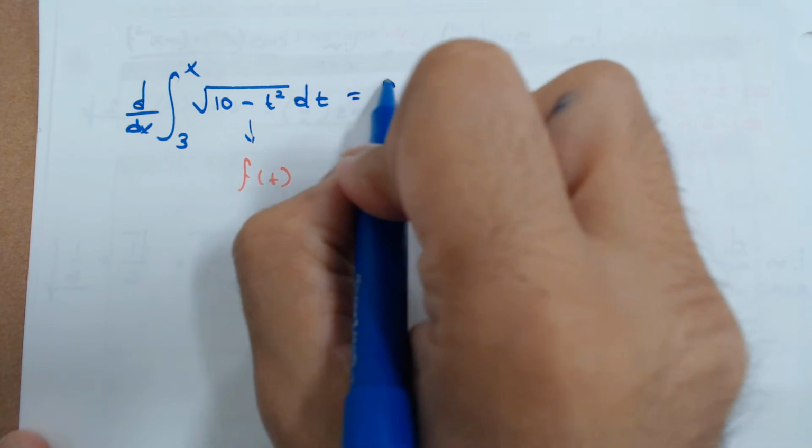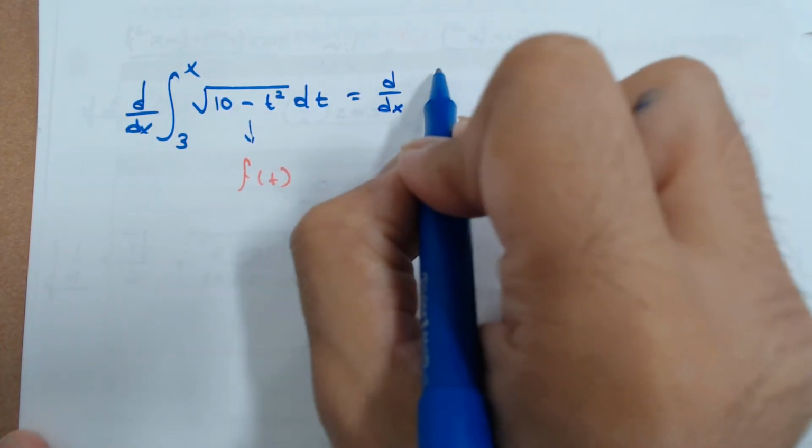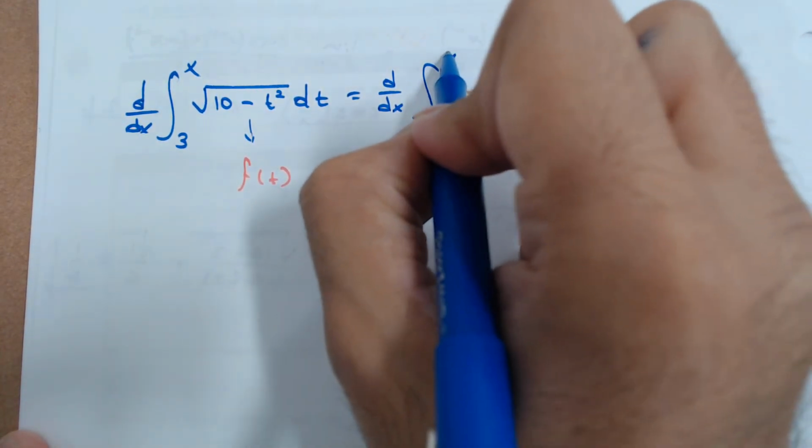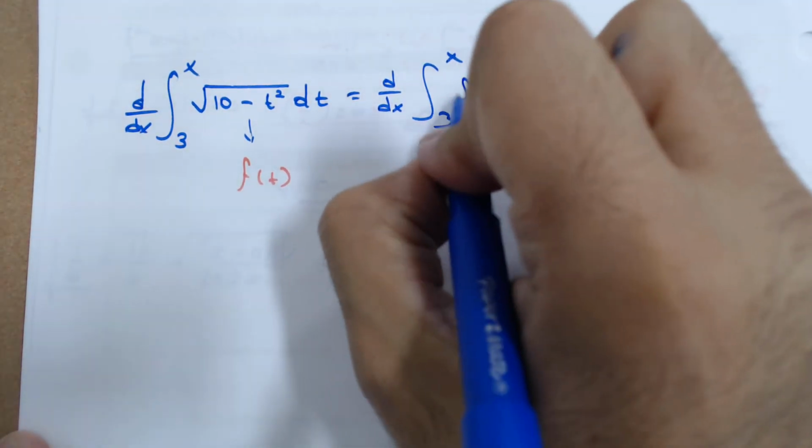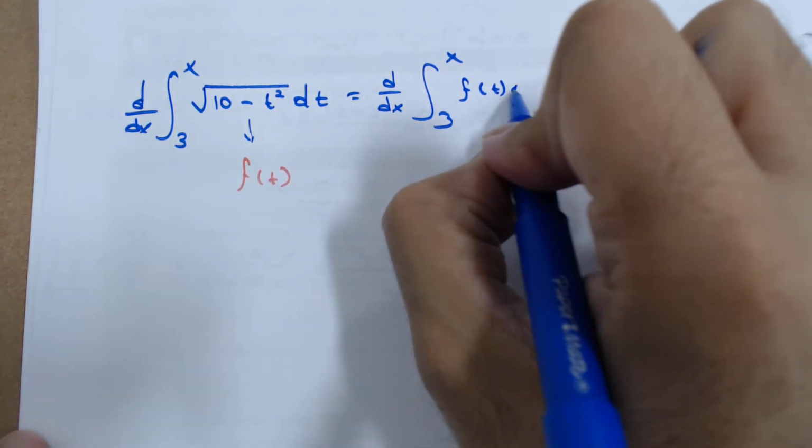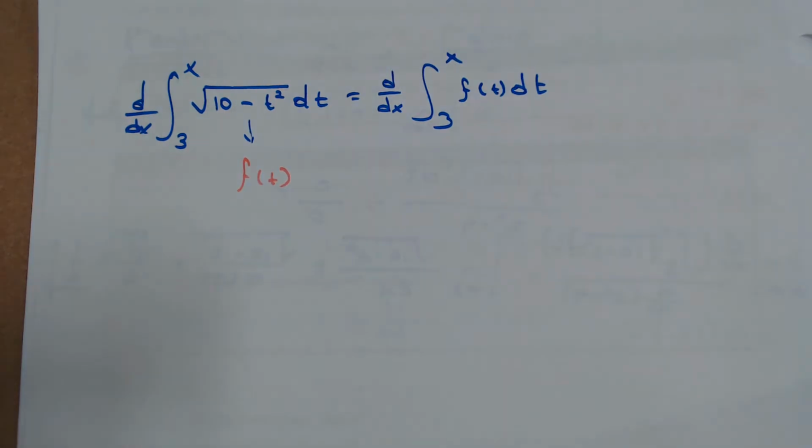So I'm going to take the derivative with respect to x of the integral from 3 to x of f of t with respect to t. In general, when we compute the integral of some little f, we're finding its primitive or its antiderivative. Different vocabulary depending on where you read.